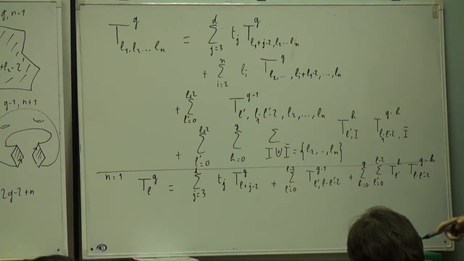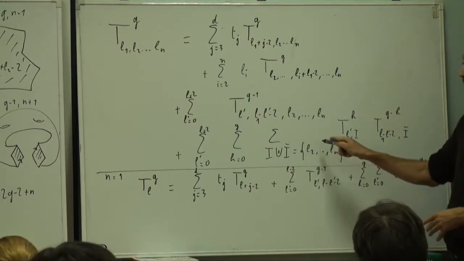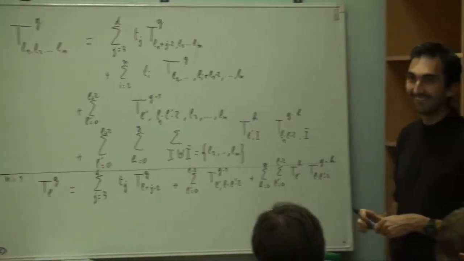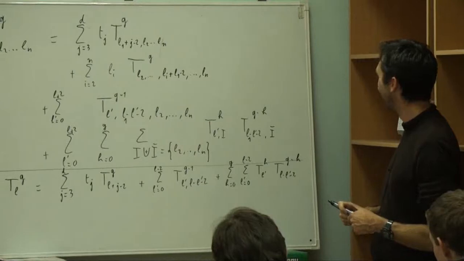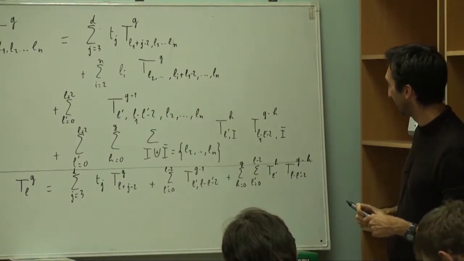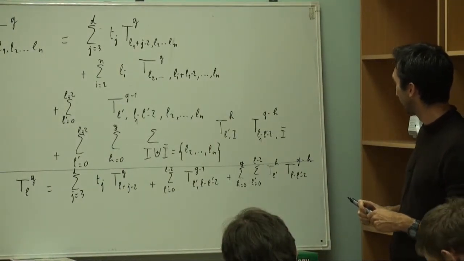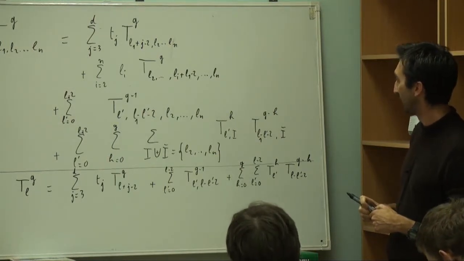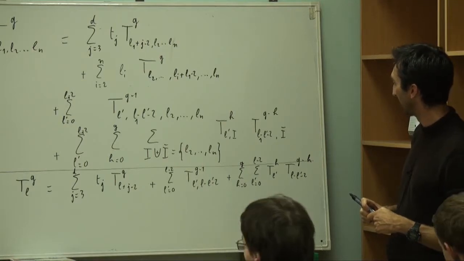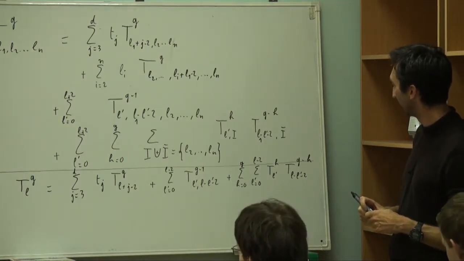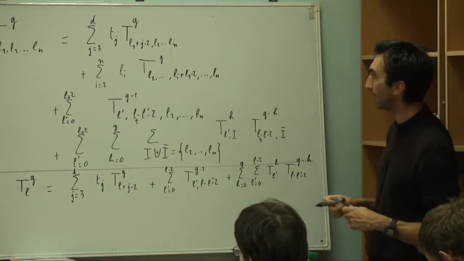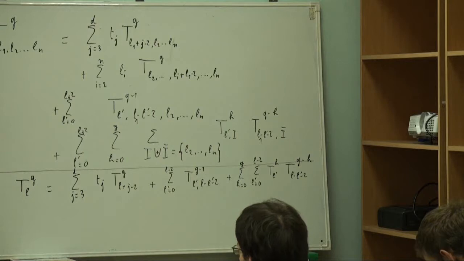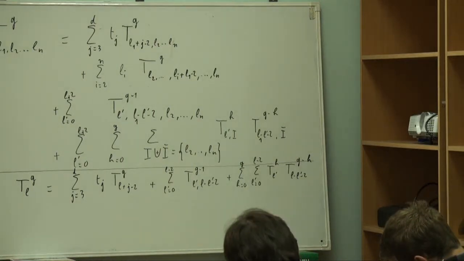Because the set L2 to Ln is empty, so there is only one way to split it into two parts. Right? So this is the equation.